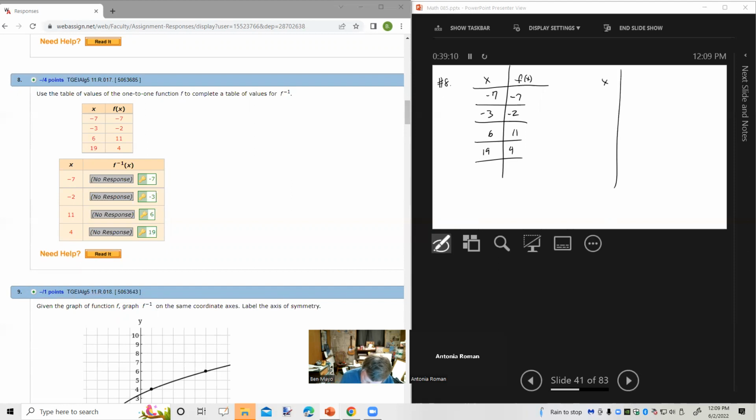So the domain of one is the range of the other. The range of one is the domain of the other. Okay? So basically the table values just switch. Okay, got it. Excellent.